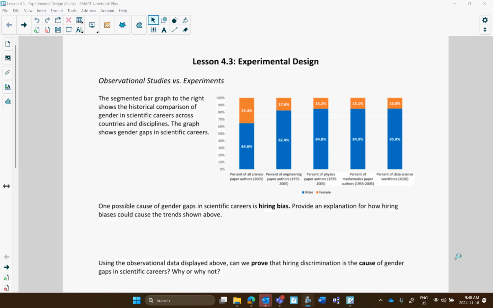I think the first four are research papers: the percent of males that account for research papers in science, all science, and then specifically engineering, physics, mathematics, and then you also have data science, the percent of the data science workforce. And you can probably see something pretty clearly, that women seem to be very underrepresented. The majority in all of these fields, whether it's workforce or research papers, are men.